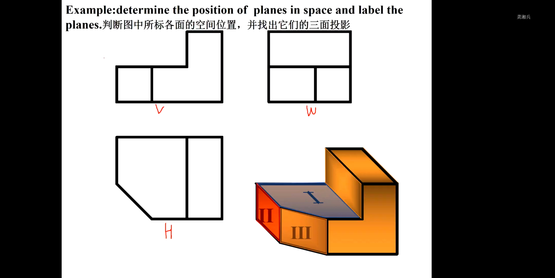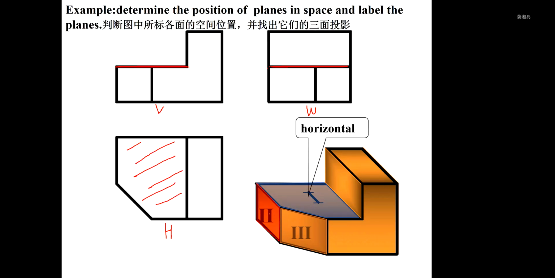So plane 1 in this direction is a line here. From this direction for the W, it is a line there. In H it is here. So this is plane 1. We call it a horizontal plane.